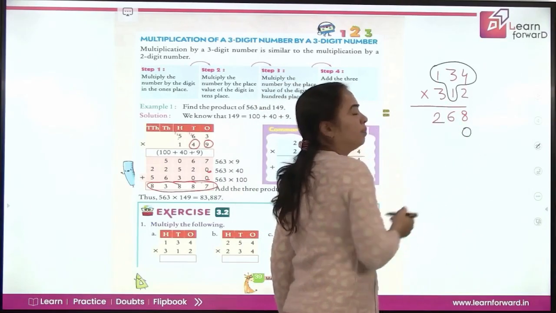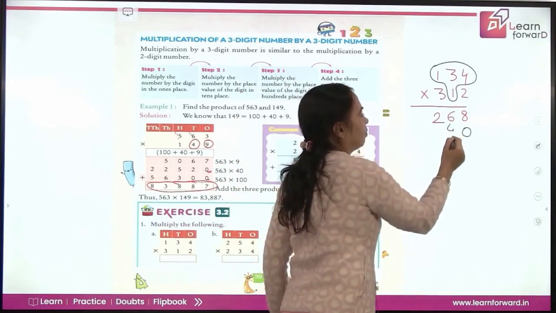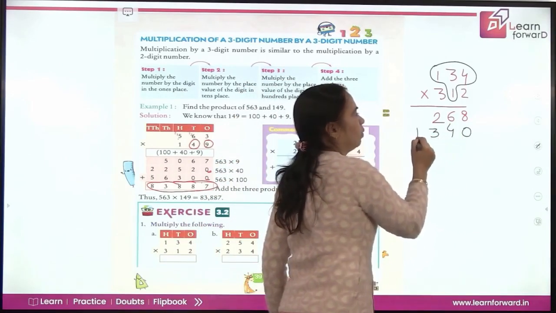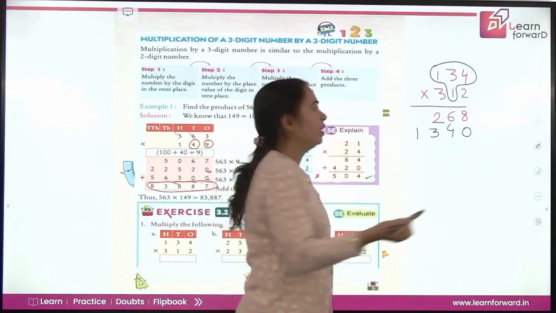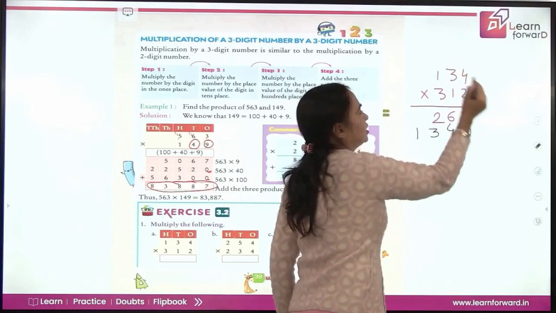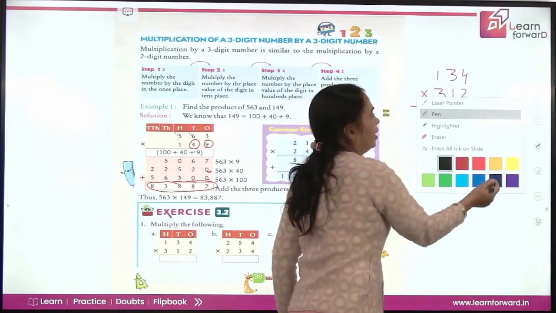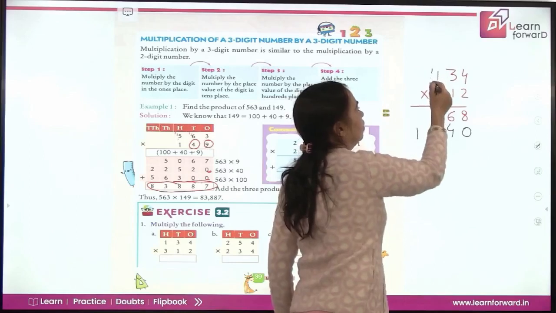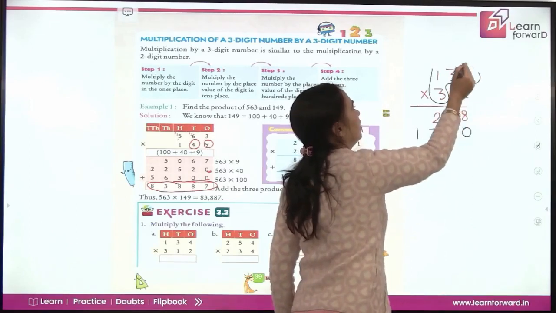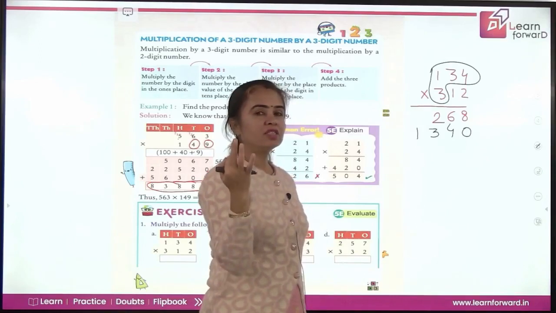And when you multiply 134 by 1, you get the same number, 134. Second step done. Now in the third step, there is one more digit and you are going to multiply it by this third digit, 134 multiplied by 3.